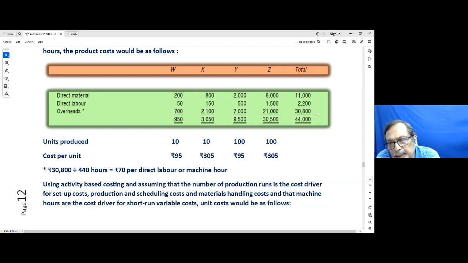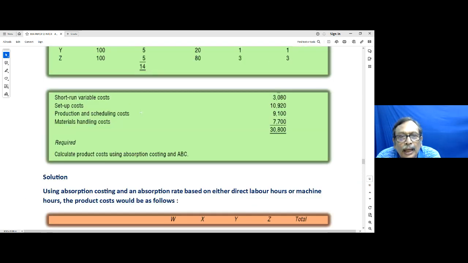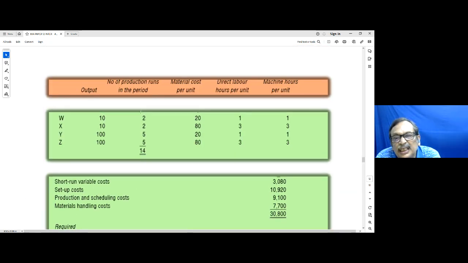On that basis, the 30,800 overheads are allocated over W, X, Y, and Z, depending upon the direct labor hours spent or machine hours per unit.